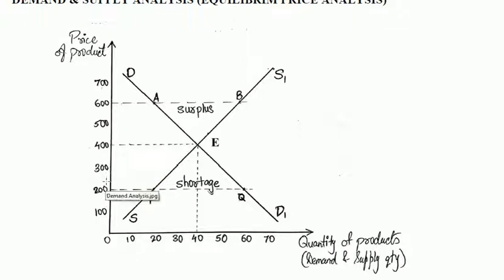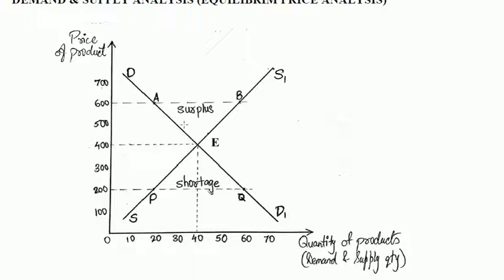More customers are coming in, I don't have the products, so I start increasing the price of the product, because I need more profit margin again. Slowly I increase the price from 200 to 300, still there is shortage, then 400, then 500, then 600.